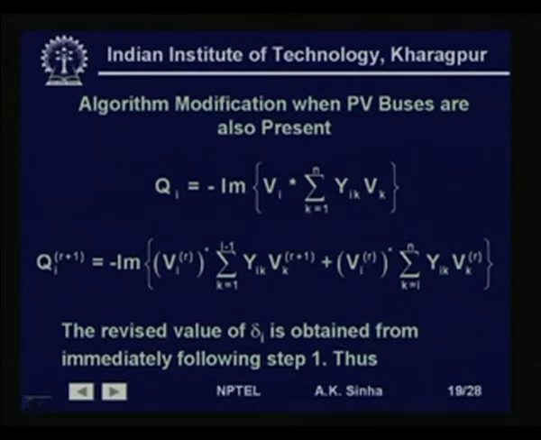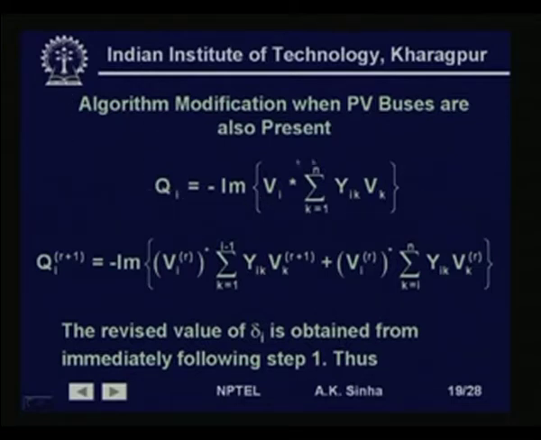So, if we write Q at this PV bus, Qi is equal to minus the imaginary part of Vi conjugate into summation Yik Vk, k equal to 1 to n. This is for the current, and so Vi conjugate times it gives me the conjugate of complex power, that is P minus jQ. So, Q is minus the imaginary part of this term.